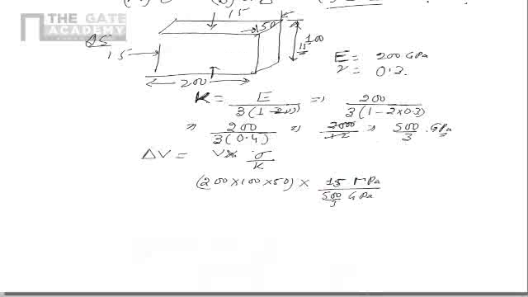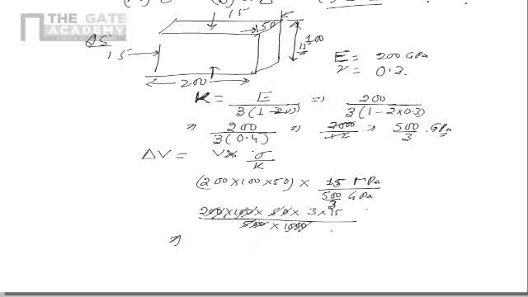Correct? So I just do the calculation. This 3 goes up. So I have 200 by 100 by 50 into 3 into 15 divided by 500 into 1000, because I have to convert GPa to MPa, right? So MPa upon MPa cancels out. I can divide this 500 like this and this 1000 like this.